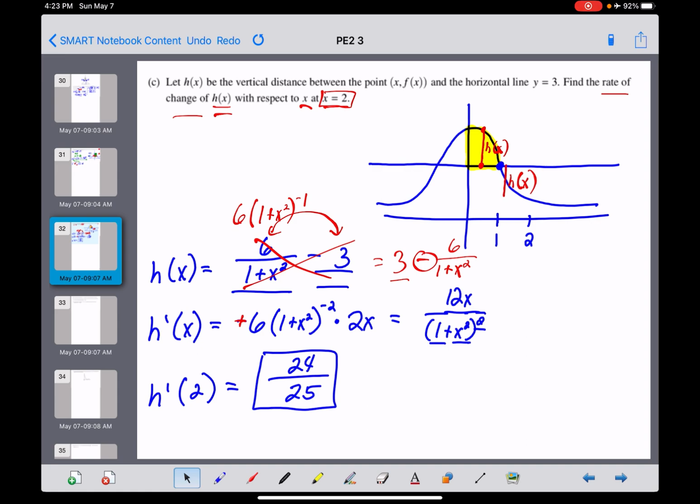But as soon as I looked at it, I said, oh, okay, as you move from right to left, that distance is actually increasing between these two curves. So it makes sense that the derivative there is positive, not negative. The reason is that the order of subtraction needed to flip when we got in the vicinity of x equals 2. All right, guys, and that was everything they needed in question number 4.